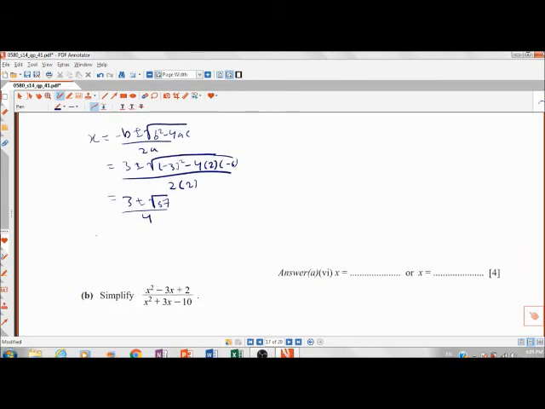So solve that one time positive, one time negative. So I get two values. This one's 2.64. They want two decimal places, right? So 2.64, and that one is negative 1.14. Here's your answer.